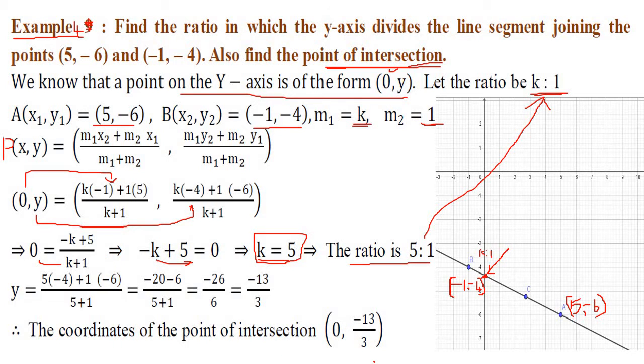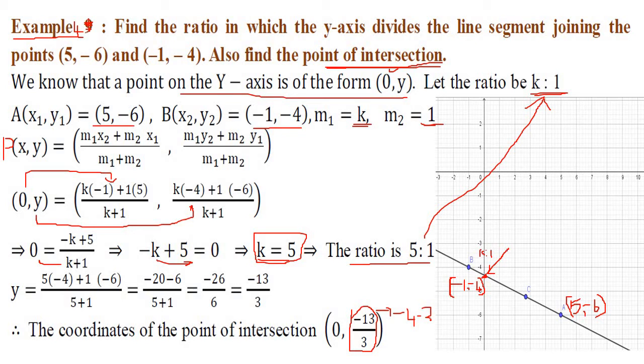So this value, -13 by 3, is approximately equal to -4.3.